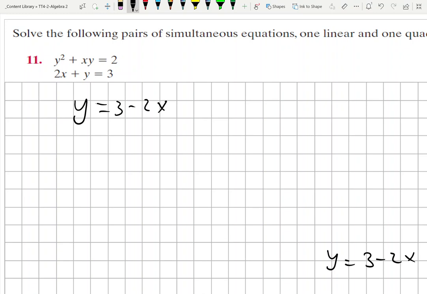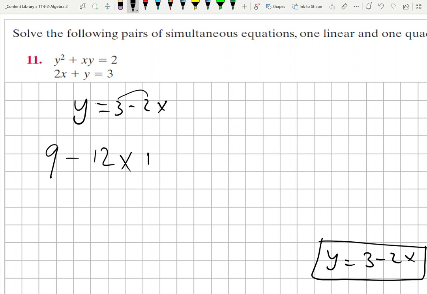I'm putting that there only because I want it to be within sight when I get down towards my answer. Substitution. That's minus 6, you're doubling it. We're on to this.